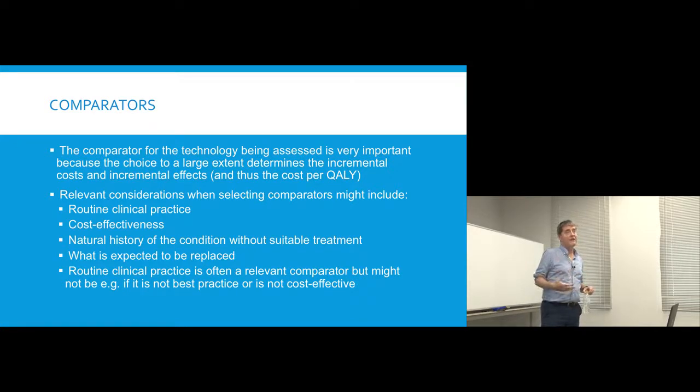Some centres might use brachytherapy or other technologies. So the answer to the question, what is routine clinical practice for early stage prostate cancer? There's no simple answer. It depends which centre you go to.